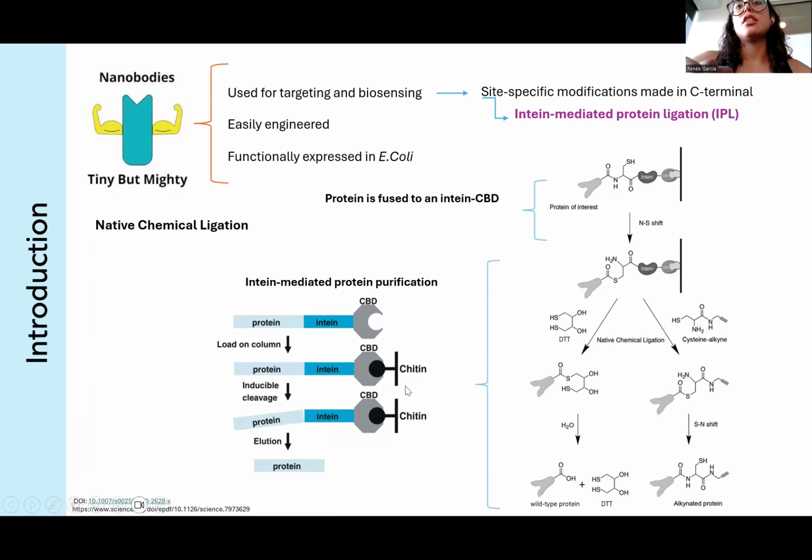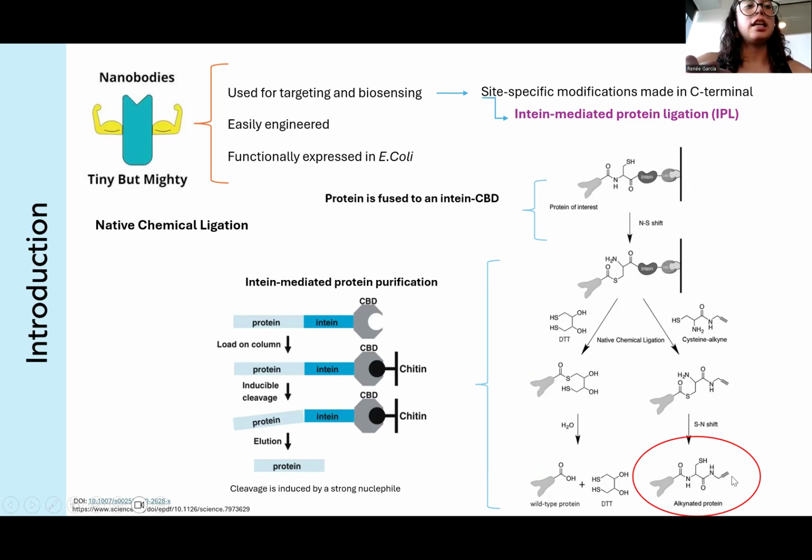The CBD attaches, as I said, to a chitin column, and the protein can elute when adding specific buffers. The cleavage is induced by a strong nucleophile. And as a final result, we have an alkylated protein.